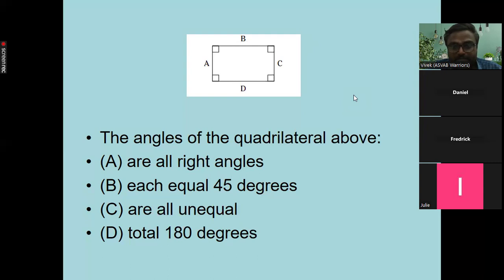Daniel, awesome. All of you got it right. These are all nothing but right angles. Whenever you see any symbol like this, that simply means it is 90 degrees. This is nothing but 90 degrees. Let's move on.